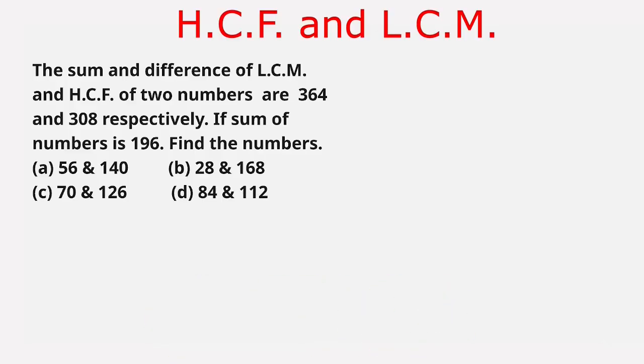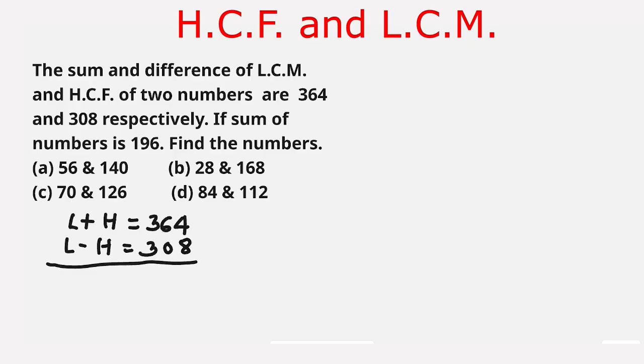I am writing L for LCM and H for HCF. It's given that the LCM plus HCF is equal to 364 and LCM minus HCF is 308. If we add these, then twice of LCM equal to 672.